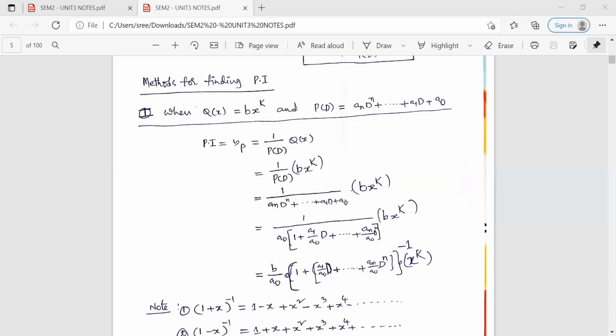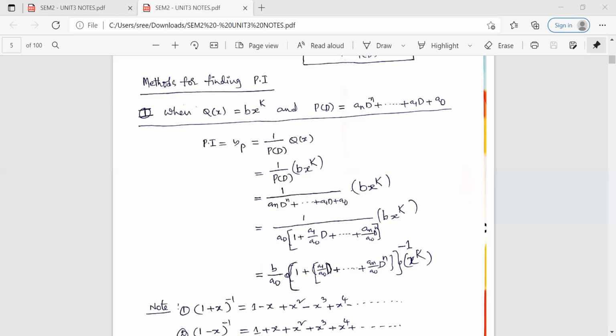See here, we write f of D as the equation in terms of capital D. For finding yp, I send f of D into RHS, so we get q of x by f of D. In this case, what is q of x? It is an algebraic equation, that means something like x squared by D squared plus 2D plus 1, or 2x minus 1 by D squared plus 2D plus 1, like this.